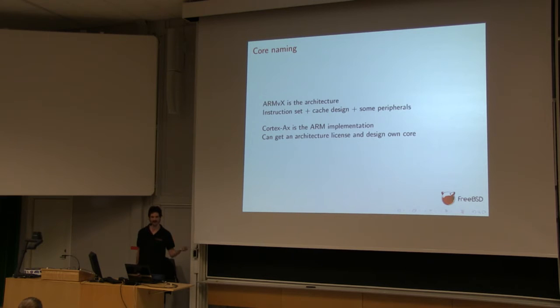They've got things like the cache and some of the peripherals. So ARMv8 specifies one of 2 interrupt controllers and the timer. So the timer is now required to be part of the architecture, which was optional in ARMv7.